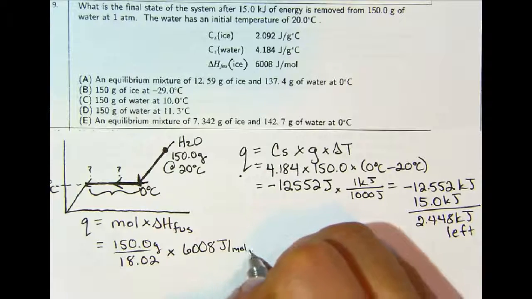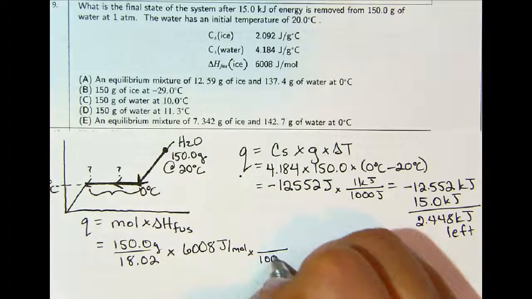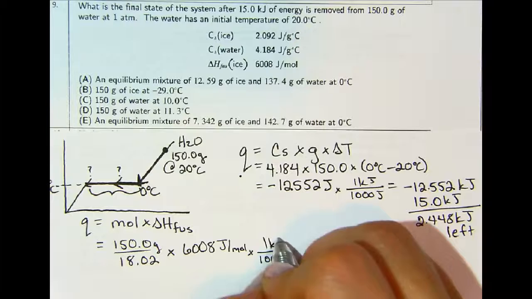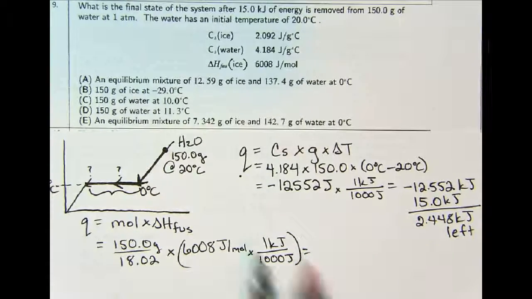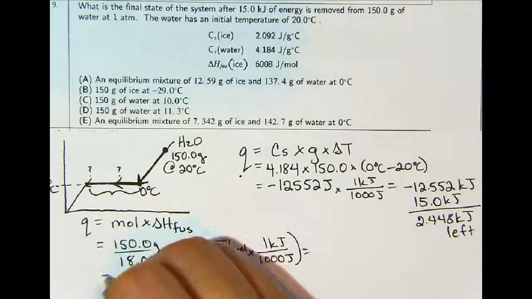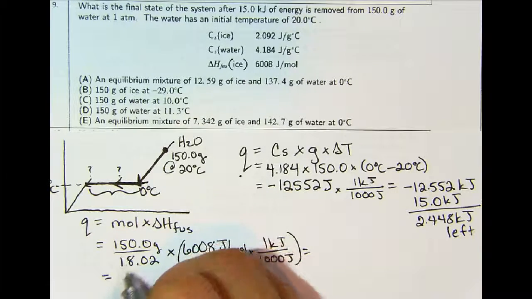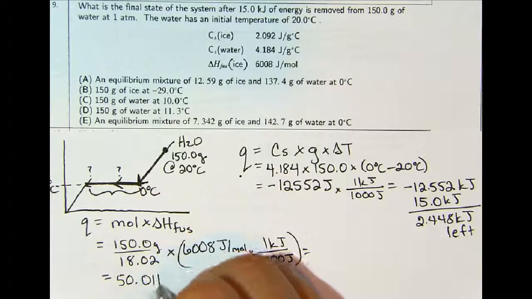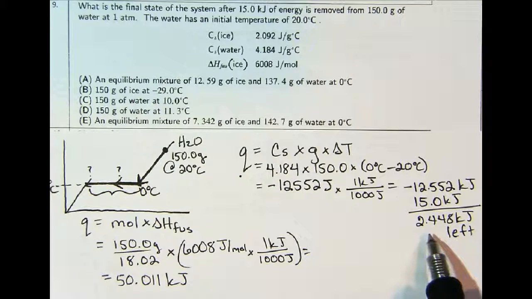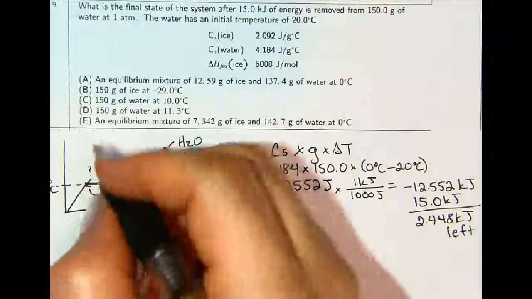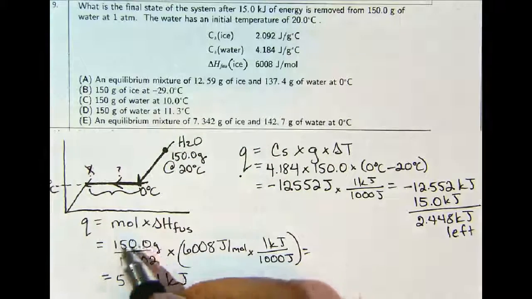And I'll go ahead and convert that from joules to kilojoules, since that's what we are operating with right now. So when I do this math, I get a Q equal to 50.011 kilojoules. And we only have 2.448 kilojoules left, so there's no way we're going to freeze all the way to the end. So that's not going to happen.